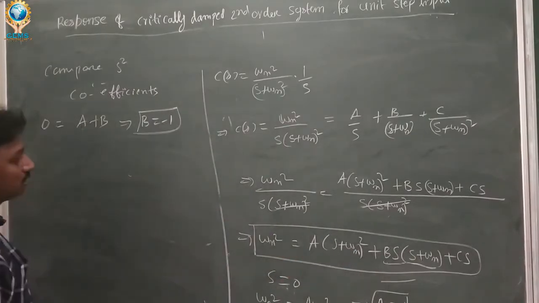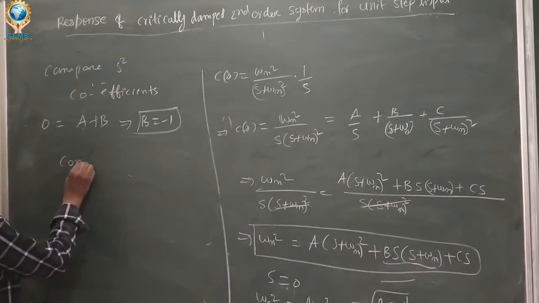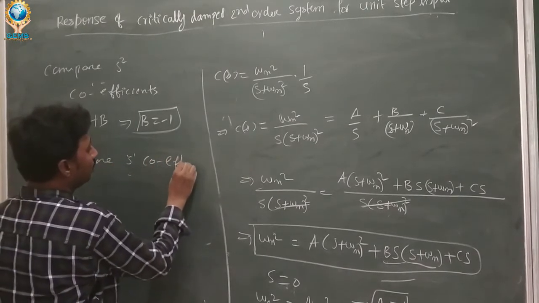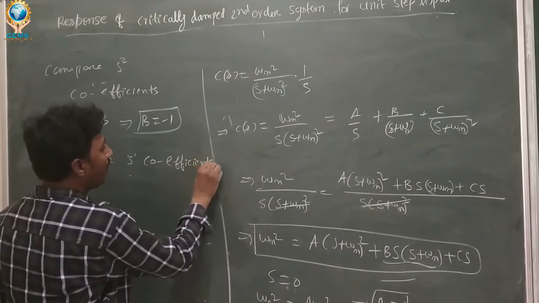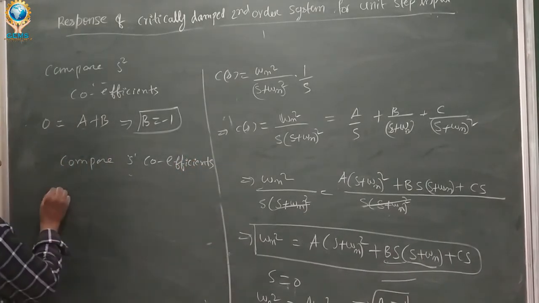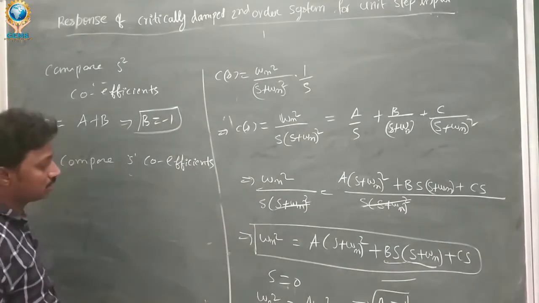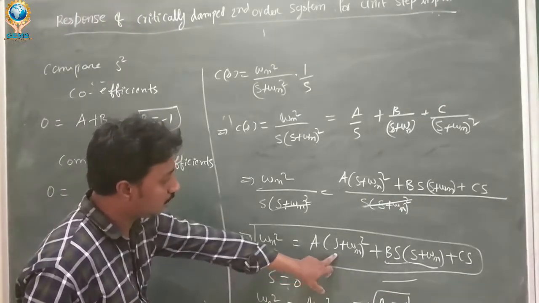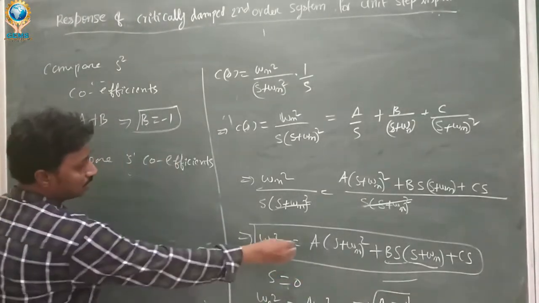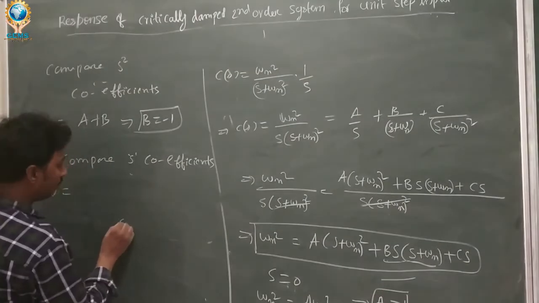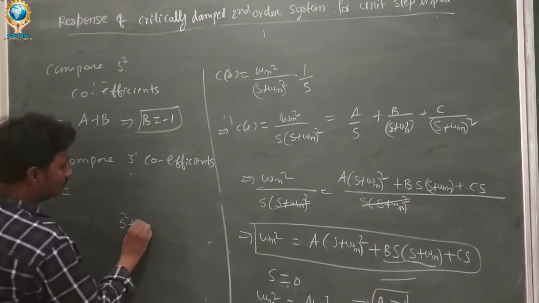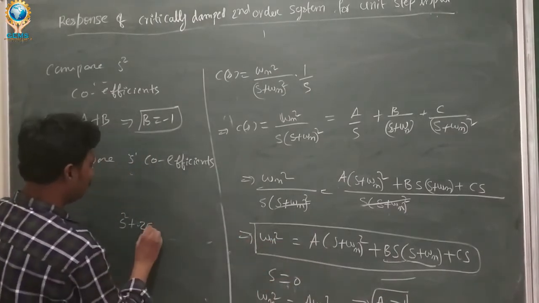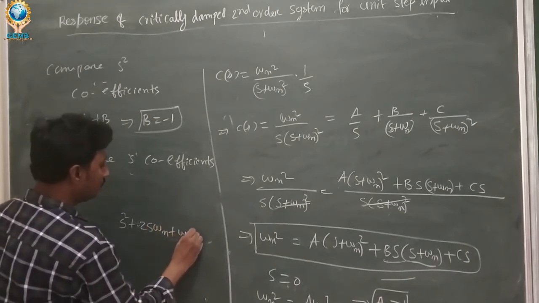Now we have to find the c value. So now compare s coefficients. On the left side, there is no s term, so you get 0. On the right side, if you multiply inside a into s plus omega n whole square, that is a into s square plus 2 s omega n plus omega n square, the s coefficient is 2 omega n a.